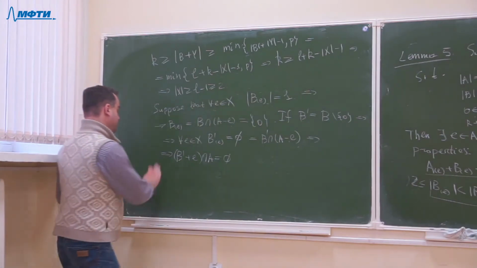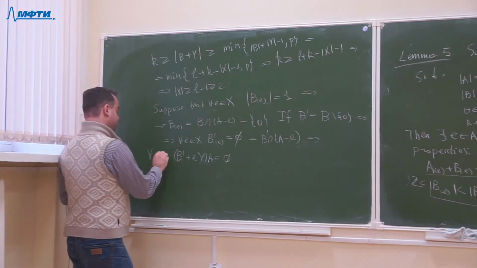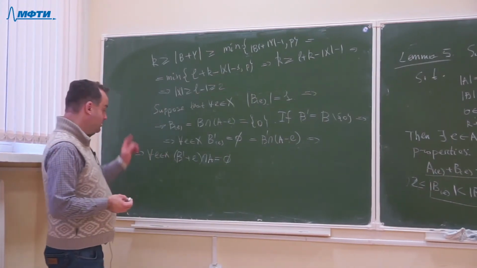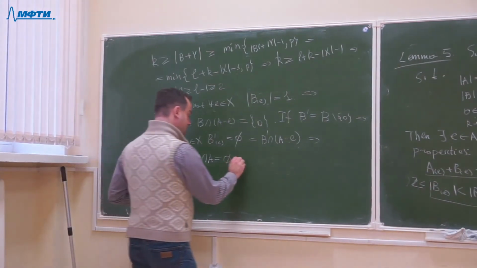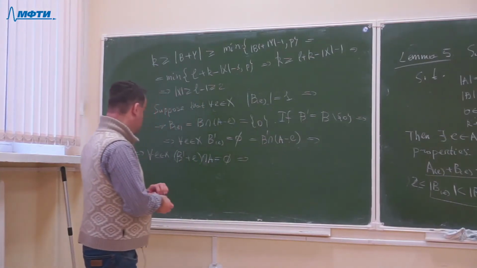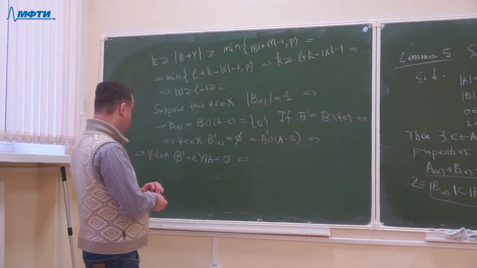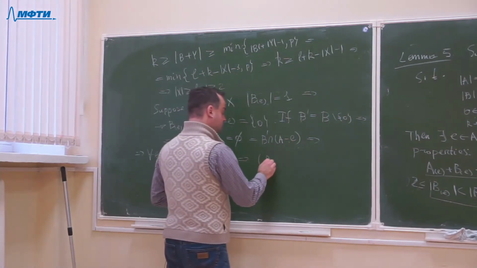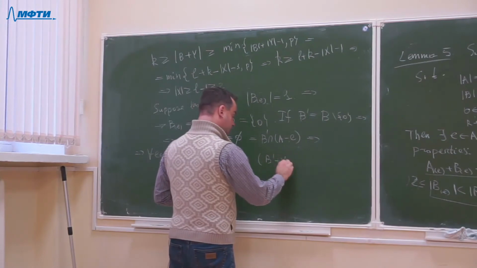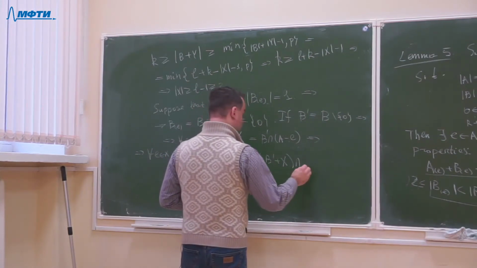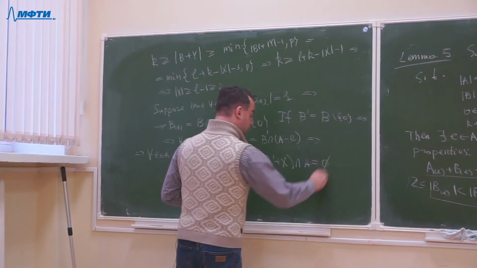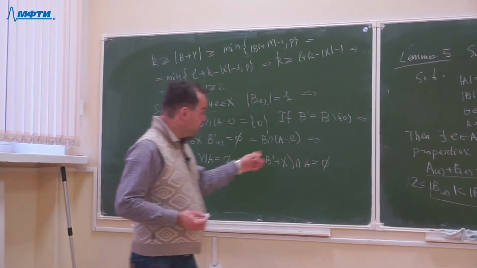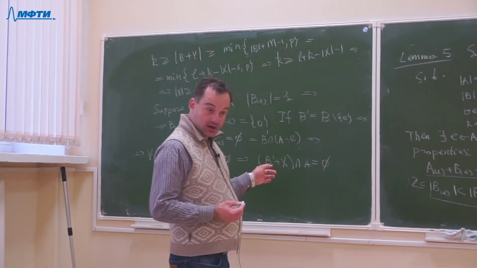For any E in X. Which means that B prime plus X is non-intersecting with A. But B prime plus X is a subset of A plus B, right?